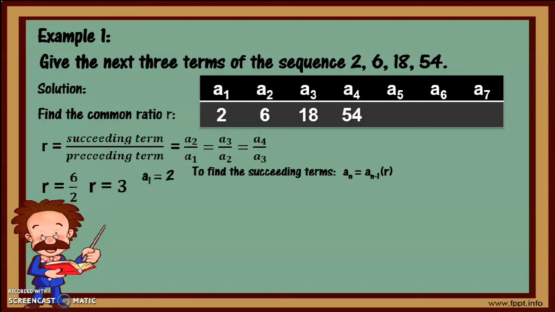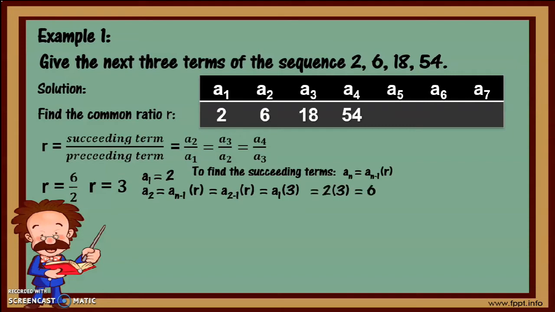So if a sub 1 is equal to 2, then a sub 2 is equal to a sub 1 times r, so 2 times 3 is equal to 6.